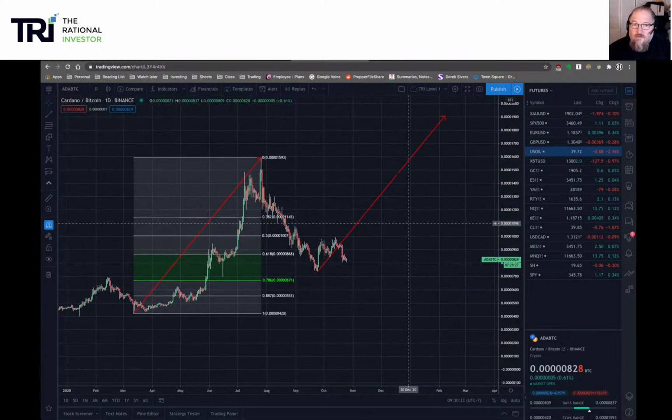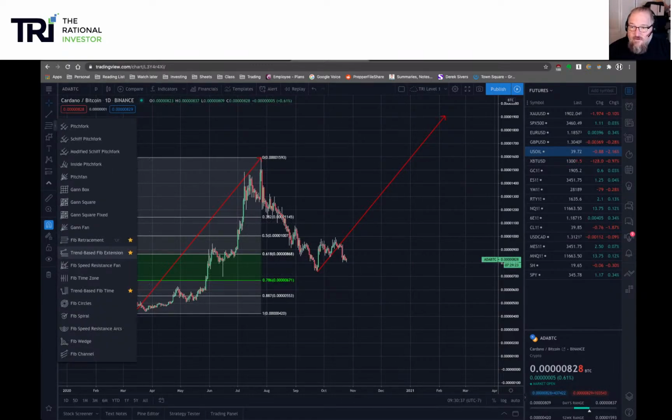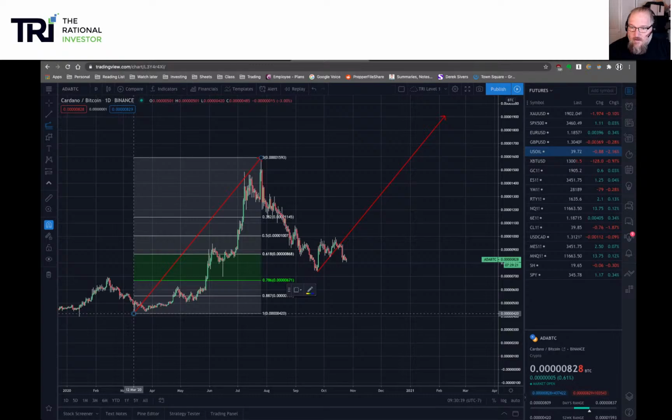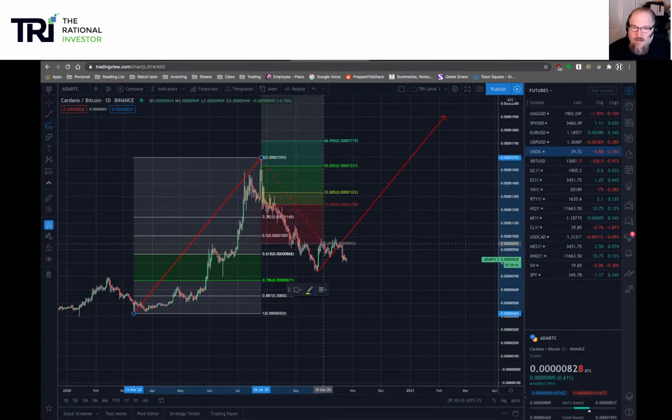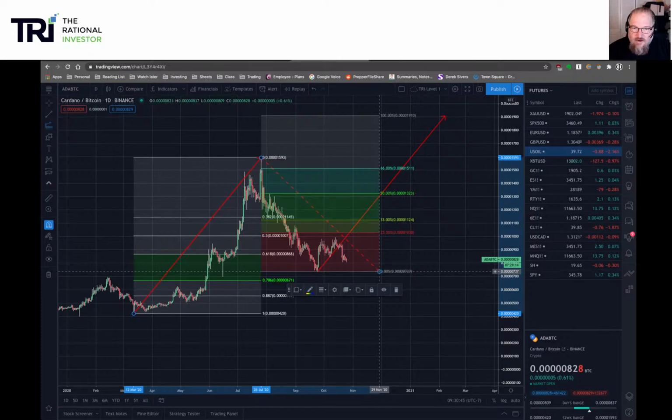There's another tool I showed earlier that I love called the trend-based fib extension, where you draw your first AB, and then you move this down to where your next low point is, and it will automatically give you the CD. Now you might have to configure this a bit.